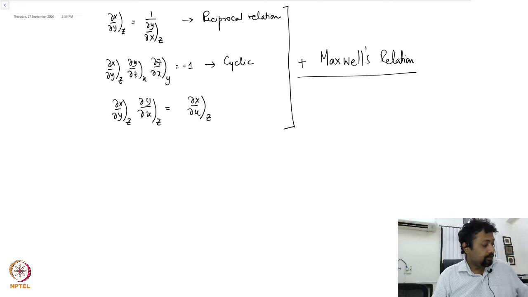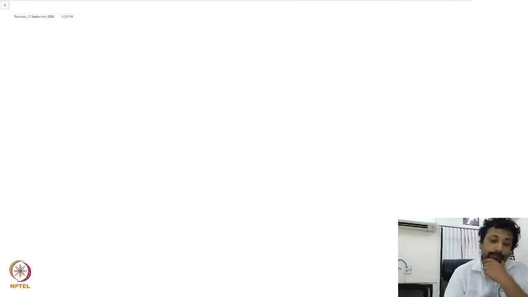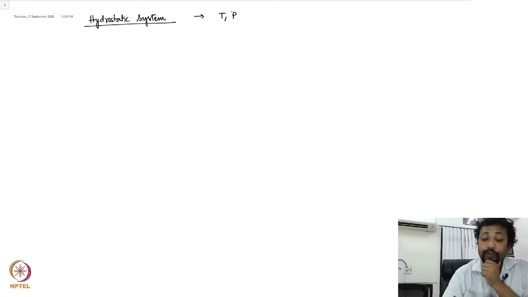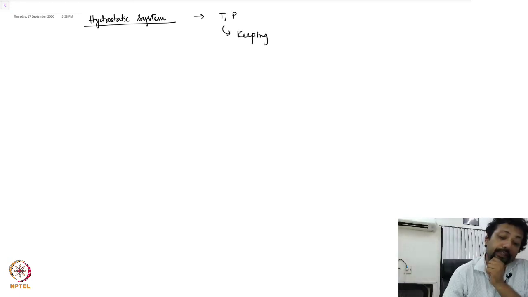Now, let's start. So for example, if I'm given for a hydrostatic system the information about T and P. It can be keeping T fixed, I change pressure.